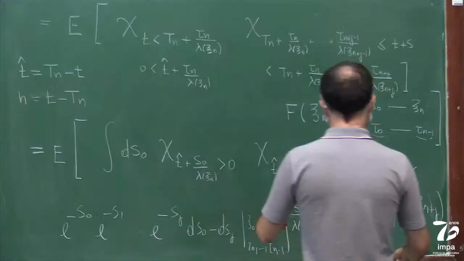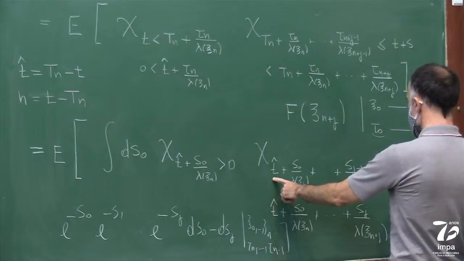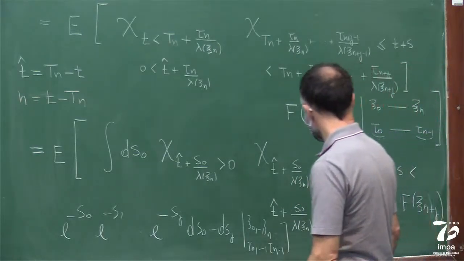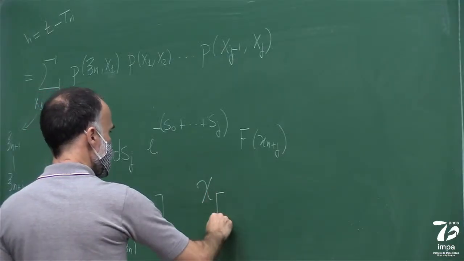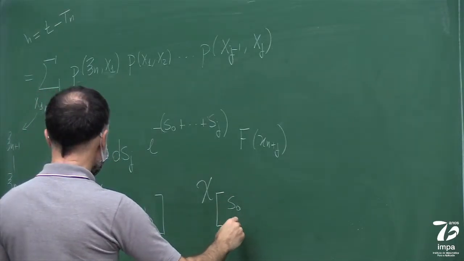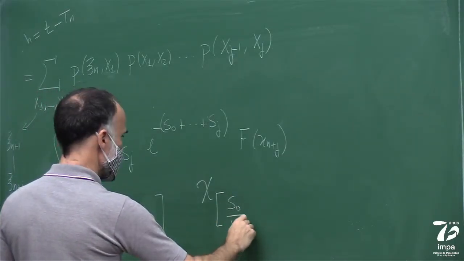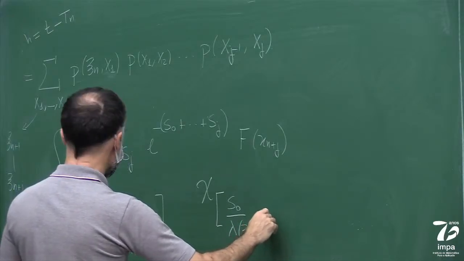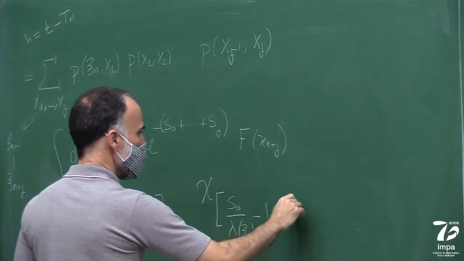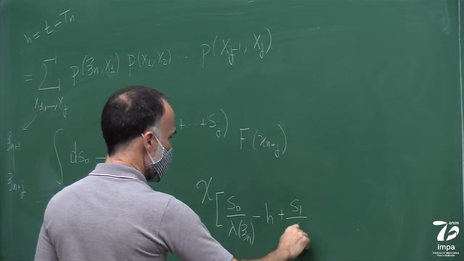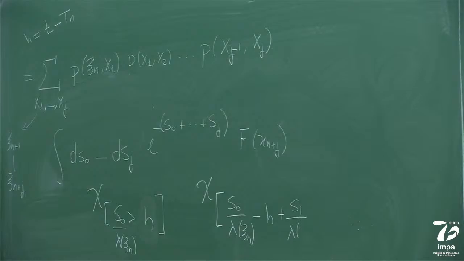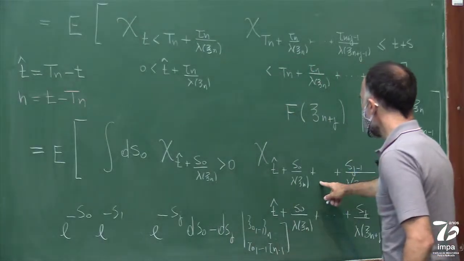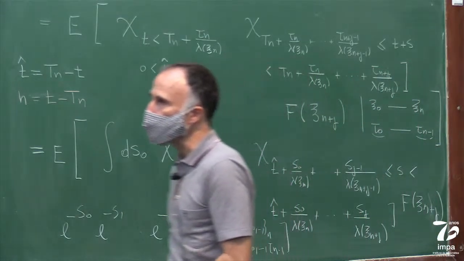And then I have, okay, here it's minus h. So I have all this sum minus h. So S0 lambda psi n, let me put it minus h, plus S1 lambda, the second term will be psi n plus 1, but psi n plus 1 is x1.